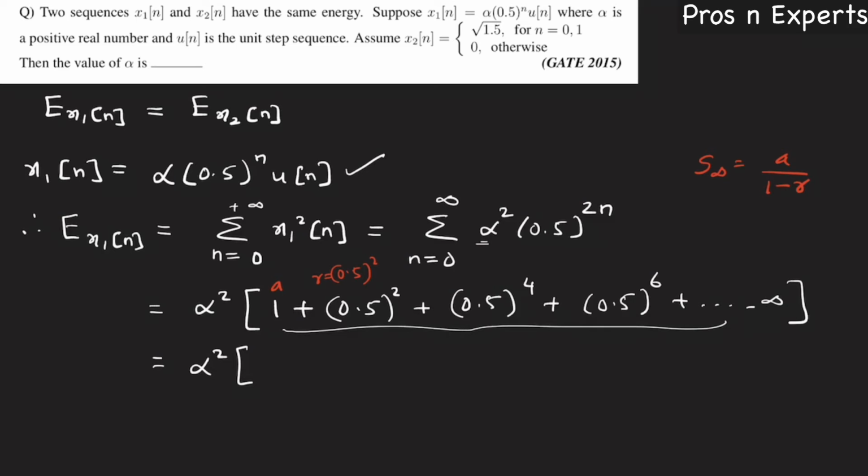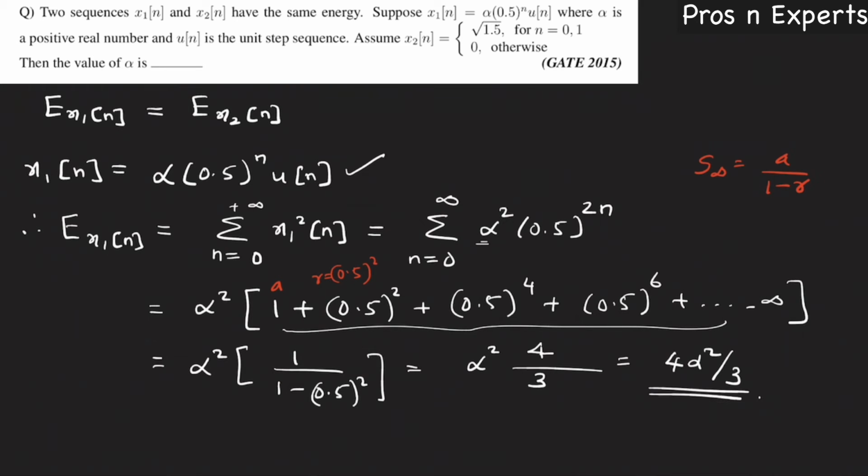We know the value of a, we know the value of r, so alpha square into 1 by 1 minus 0.5 square, that is alpha square into 1 by 1 minus 0.25, which is 0.75, which is nothing but 3 by 4. So 4 by 3 in reciprocal. So this is the energy: 4 alpha square by 3 is the energy of x1 of n.